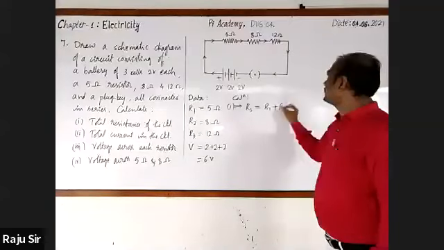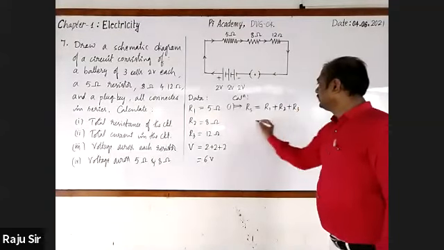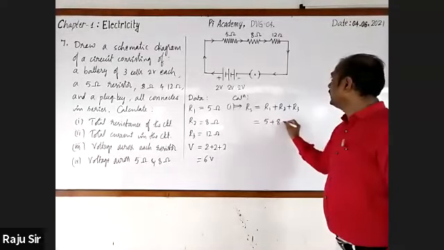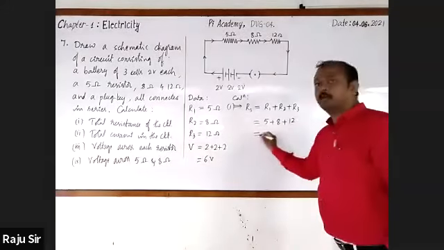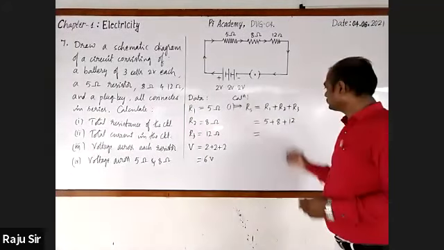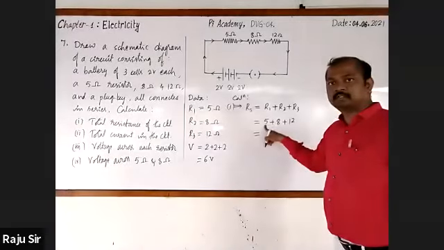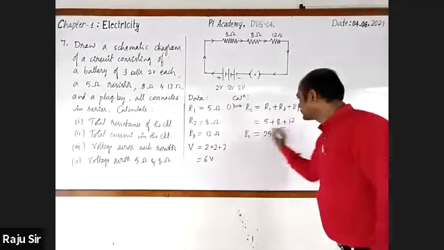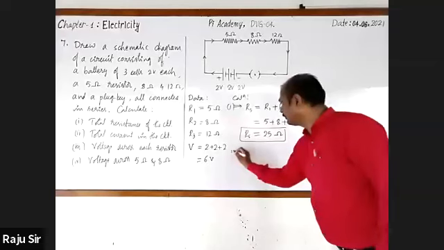R1 plus R2 plus R3, which is equal to R1 is 5 ohm, R2 is 8 ohm, R3 is 12 ohm. 12 plus 8 is 20, 20 plus 5 is 25. So effective resistance is 25 ohm.